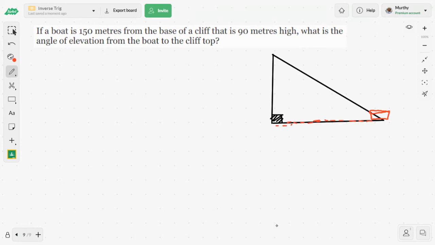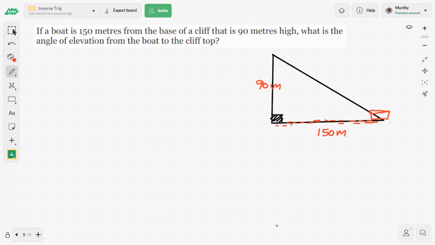And a boat is 150 meters from the base of a cliff. Therefore, this is given as 150 meters, and the cliff is 90 meters high. What is the angle of elevation from the boat to the cliff top?